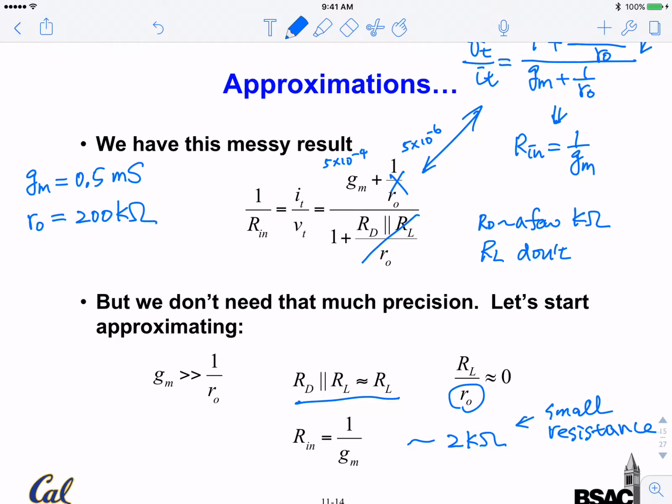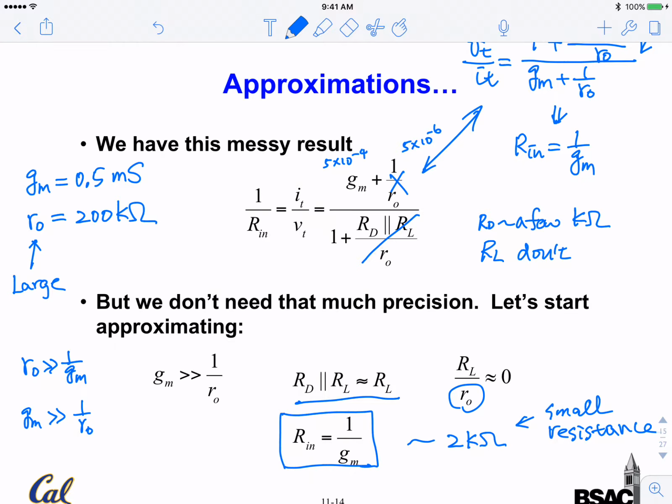Whenever you see R0, it's large. R0 is much, much greater than 1 over GM in terms of resistance, or you can say the opposite: GM is much, much greater than 1 over R0. Whenever you see these two terms, it's very safe to omit the smaller term. It's 100 times smaller. Okay, so that simplifies your expression.